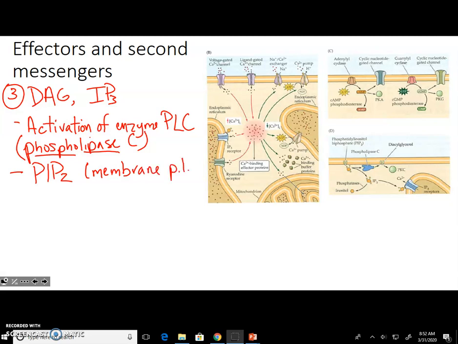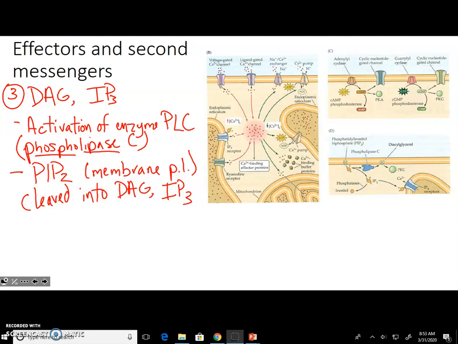The phospholipid is cleaved by this enzyme, and there are two products, DAG, diacylglycerol, and IP3. Okay. Each one has a particular target.